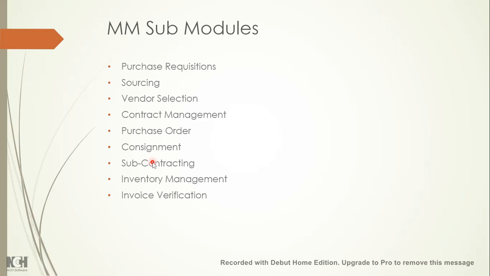So you will send your raw materials or semi-finished goods item to your subcontracting vendor, and they will process that item and send it back to you. So you learn how the sending of raw materials or SFG for subcontracting works in SAP, how the accounting entry is generated, because when you send these items to the vendor, ownership of these items remains with you.